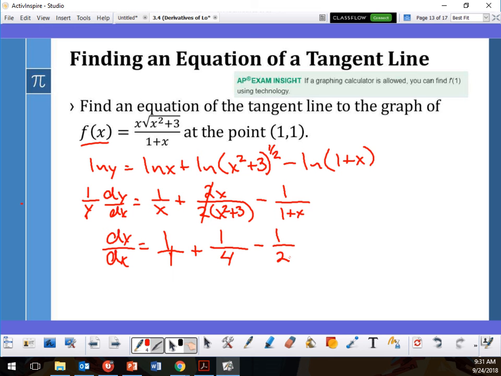So the slope on this one's going to be 2 over 4, so it's going to be negative 1/4. And this one right here, that is 4 over 4, positive 3/4. So dy/dx is 3 over 4.